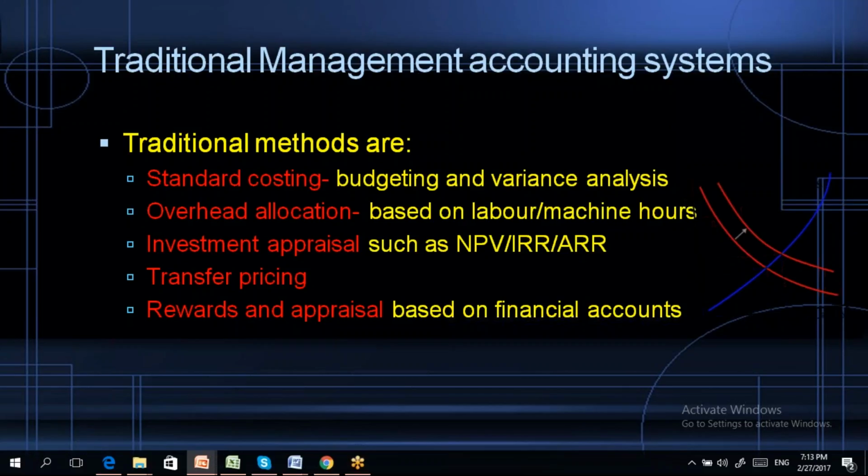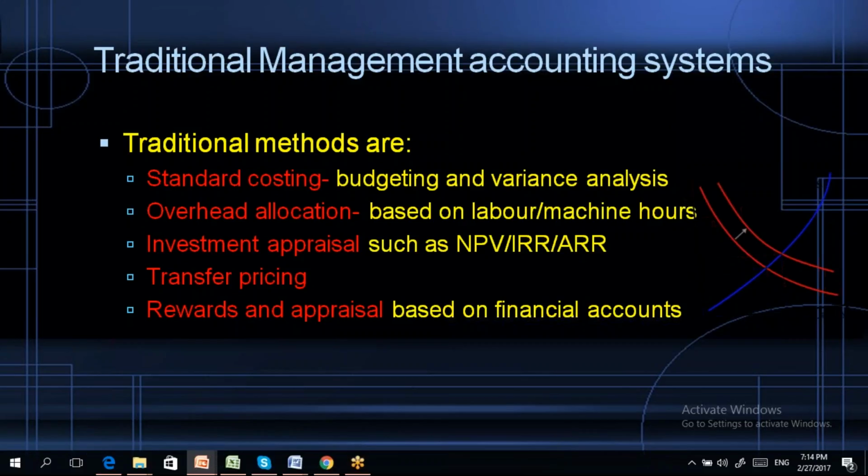So long as we get that cost, everything is all right. But today we live in a modern business environment. You can't wait with the standards, because every day some person will come to the market and introduce a new product, and you can't be keeping to the standard.